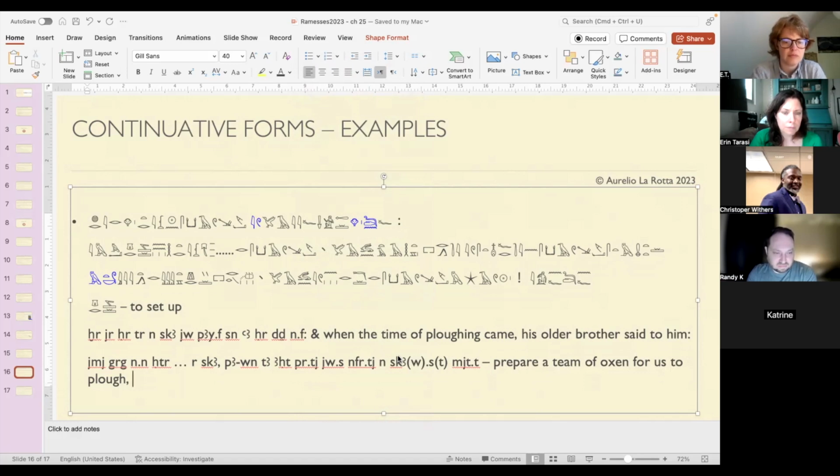Pawen, remember that one? So the field is ta ahat, right? Correct. So what is the win in front? It's a conjunction, typically late Egyptian. Yep. Because the field. And then we have perdi.